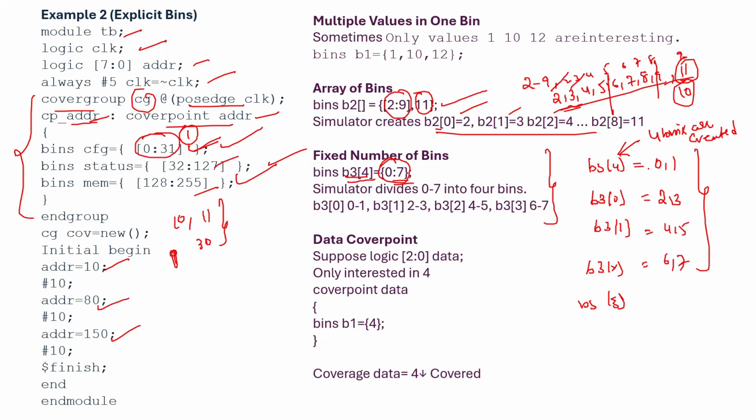So in these 4 bins these values are stored. b3 of 4 equal to, what are the bins we are creating? 0 to 7.